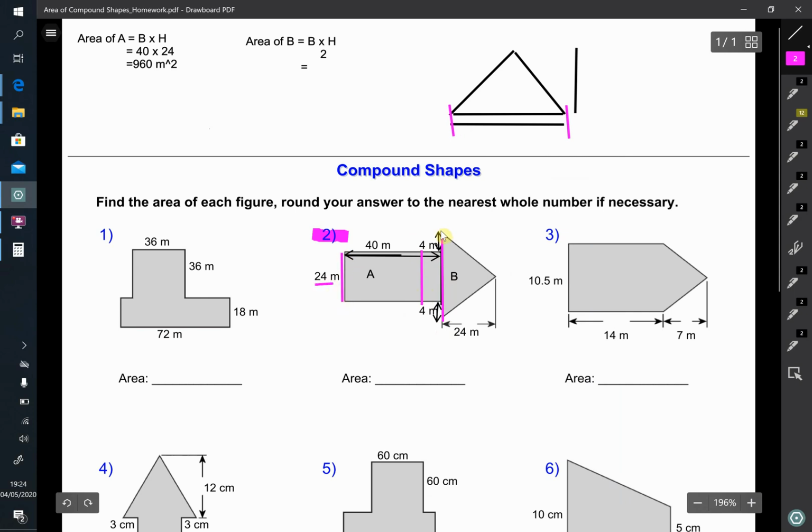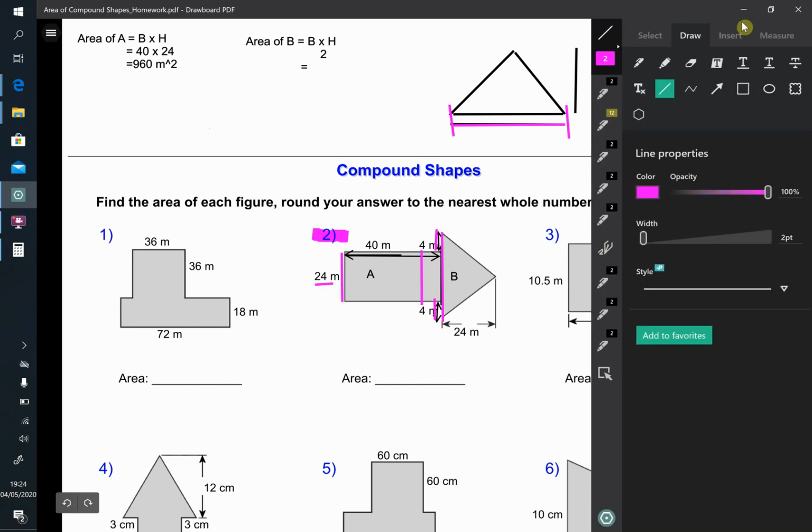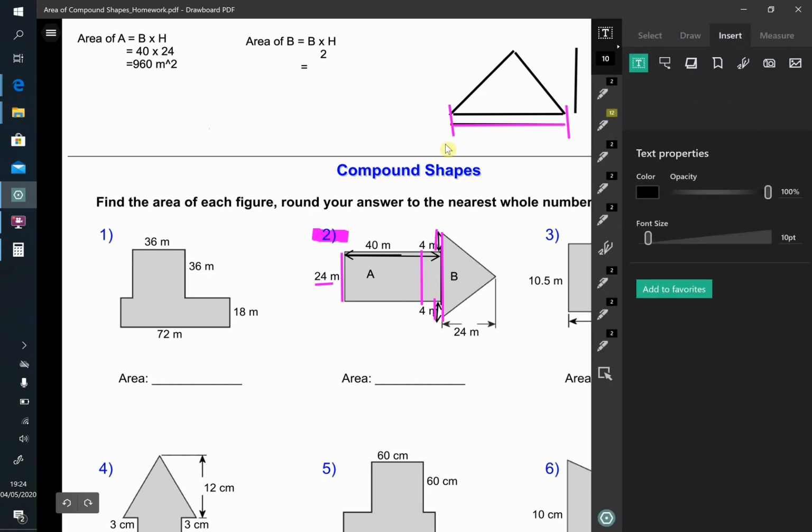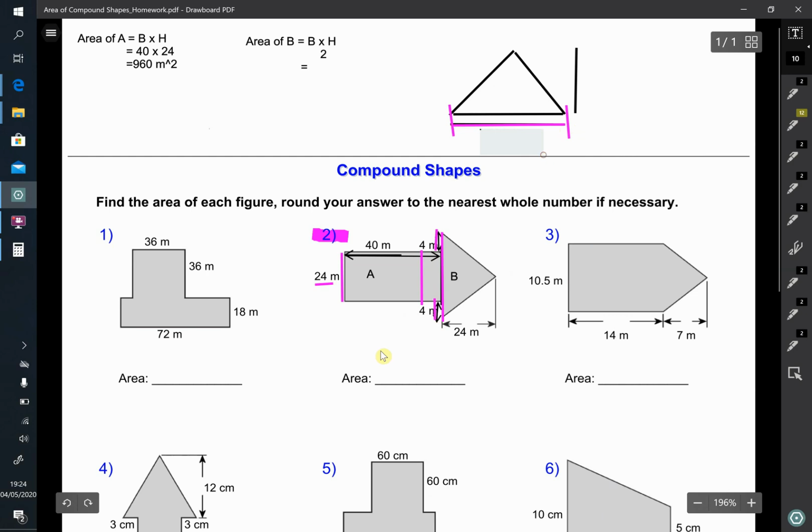You also have this piece and this piece. So from here to here of your particular triangle is 24 plus 4 plus 4. 24 plus 4 is 28, 28 plus another 4 is 32, equals 32.